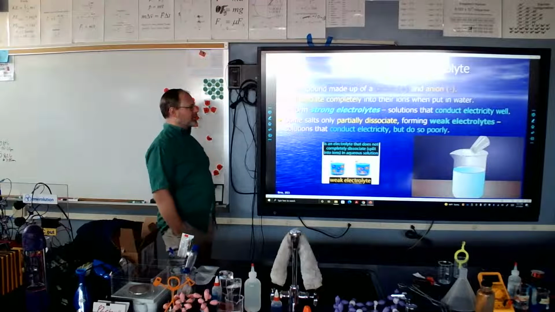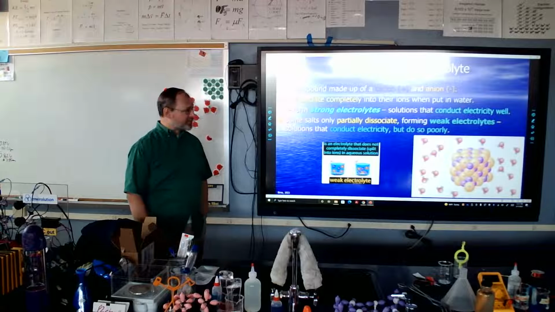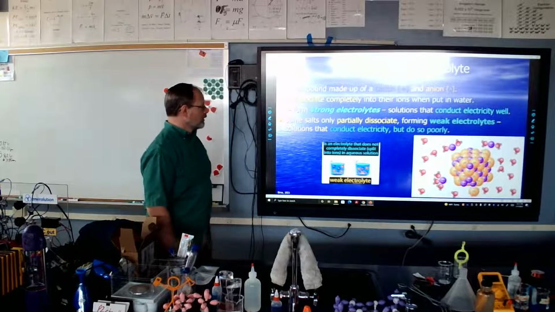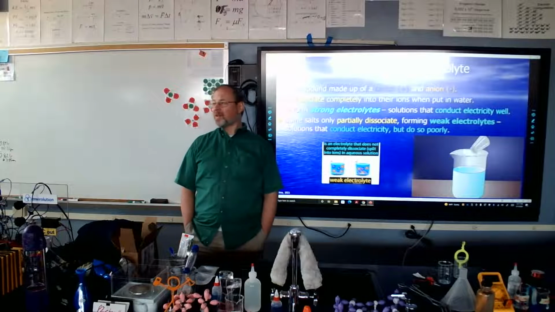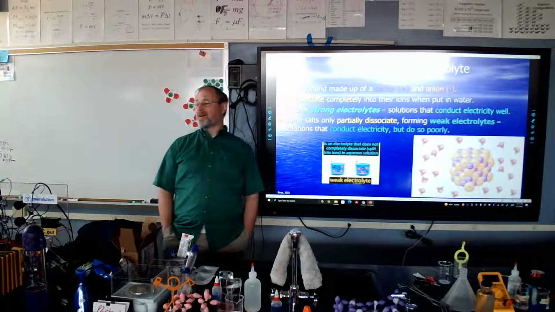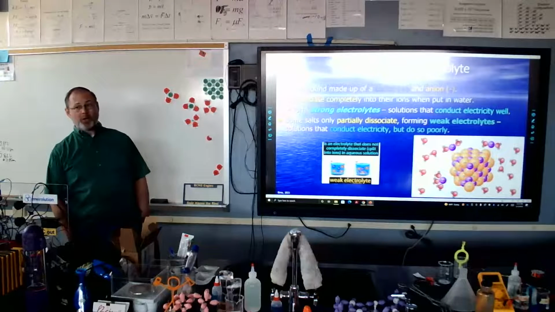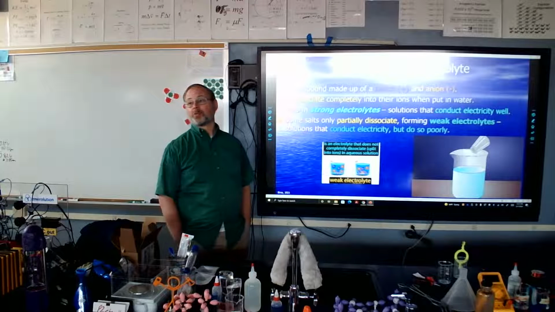Weak electrolytes don't have as many ions. And the word we like to use is dissociate, literally come apart. So weak electrolytes conduct electricity very poorly because they don't have a lot of ions present. Strong electrolytes conduct electricity pretty well because they have a lot of ions present.